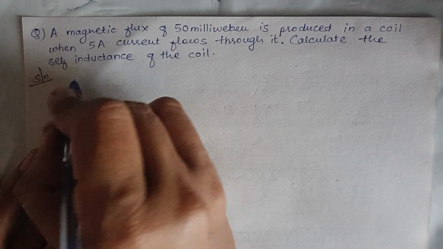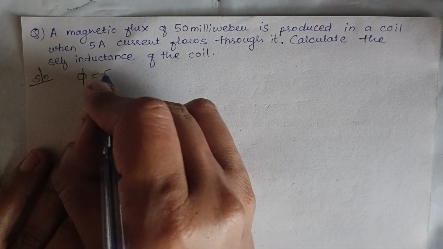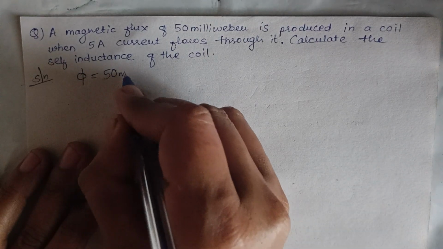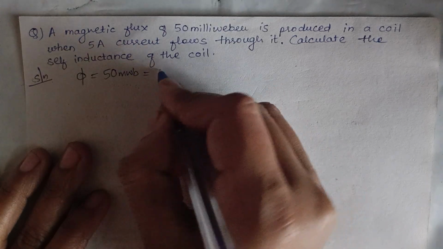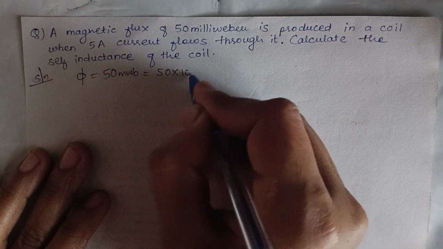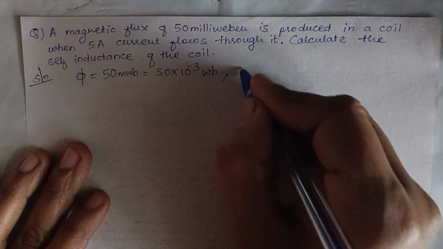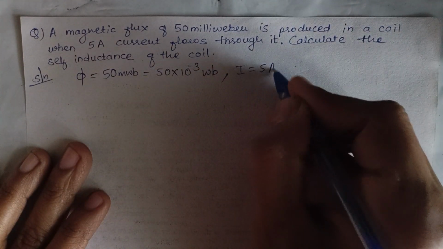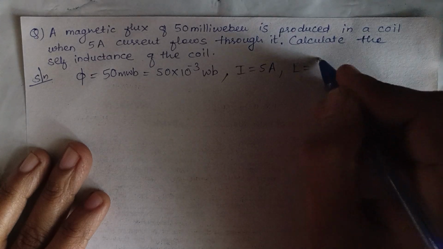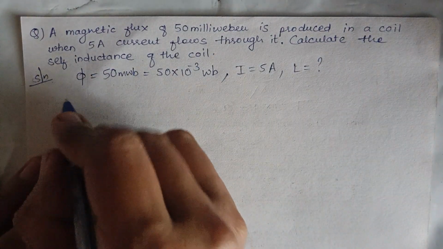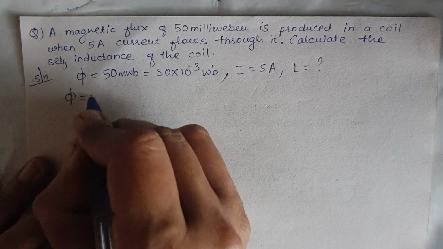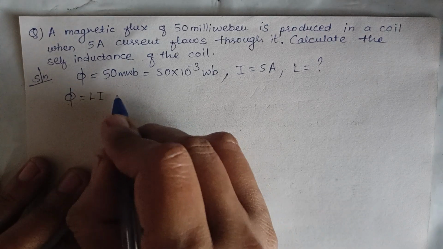What is given? Magnetic flux is given 50 milliweber.